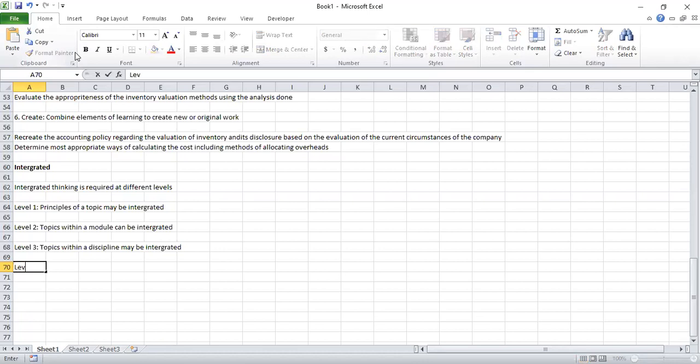Then level 4: topics from more than one discipline may be integrated.